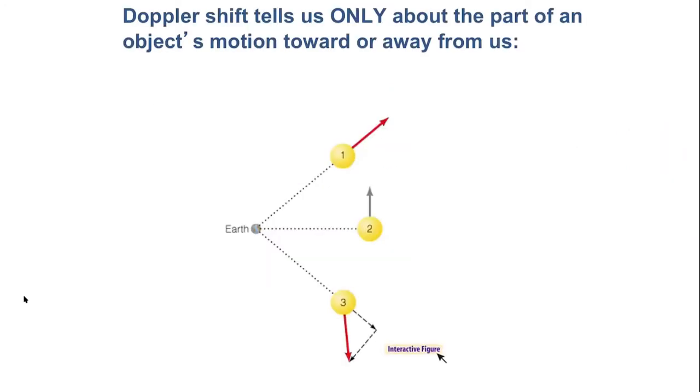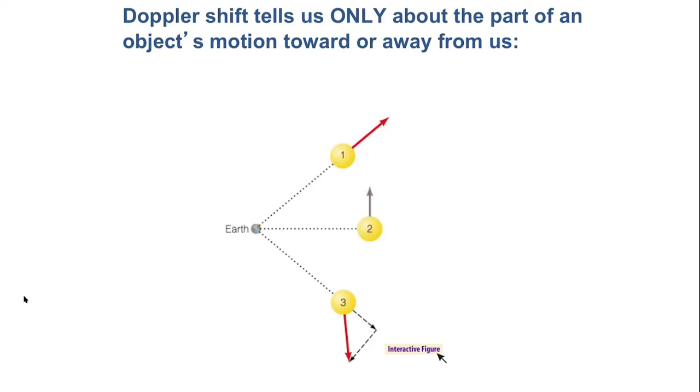I mentioned this before, but it's important. Radial velocity, and Doppler shift, only tells you about motion that's directly along your line of sight. So for instance, object 1 will show the entire velocity because it happens to be moving along our line of sight.